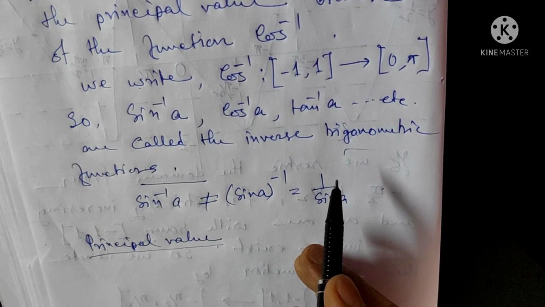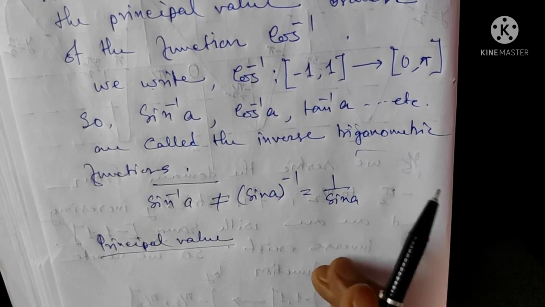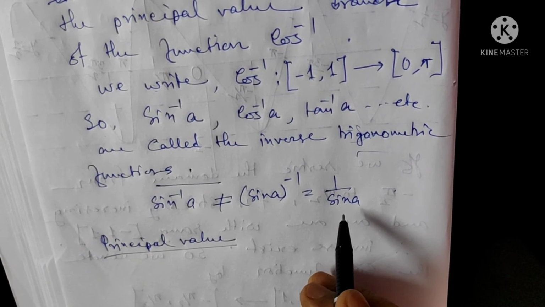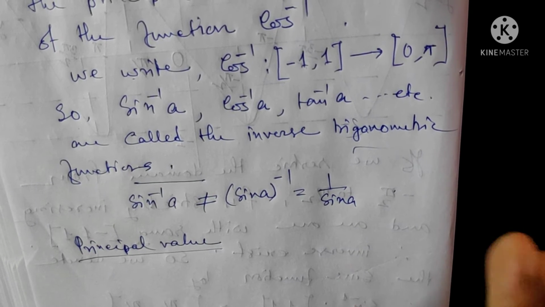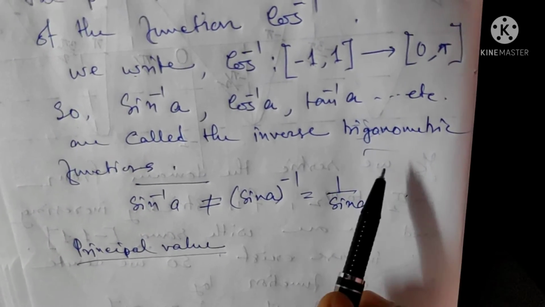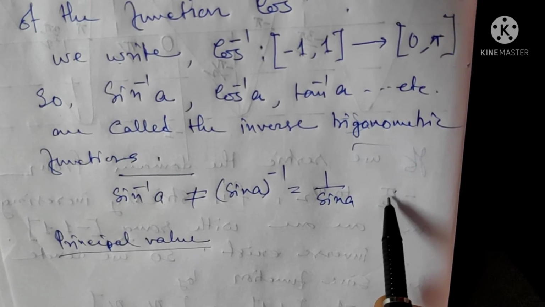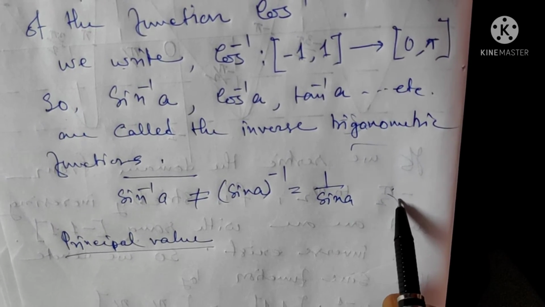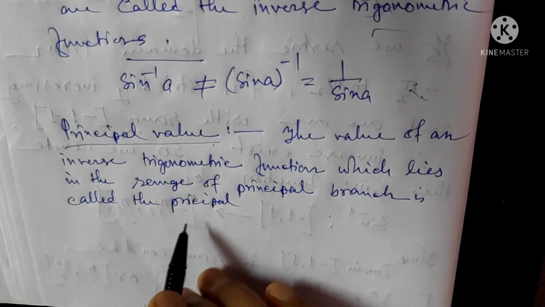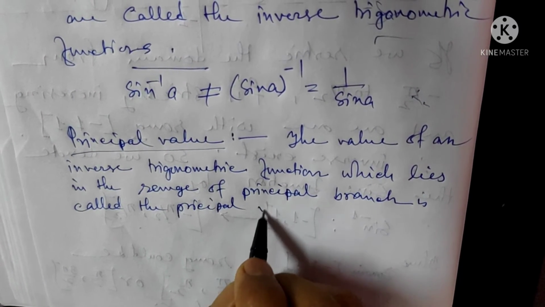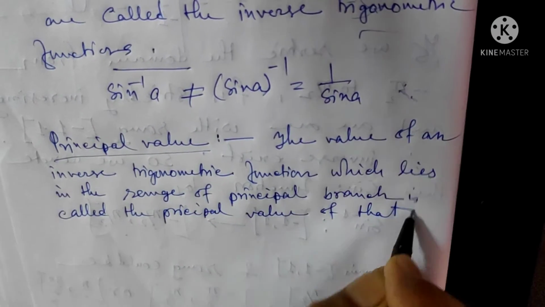The value in the principal branch is called the principal value of that inverse trigonometric function.